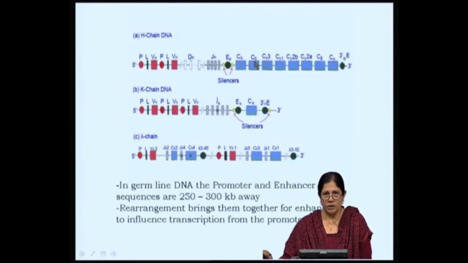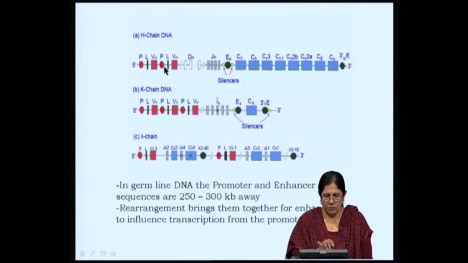If you look at the heavy chain, this is what I wanted to show you: there has to be a promoter on the 5 prime side of every leader sequence, which is on the 5 prime side of every V gene segment.